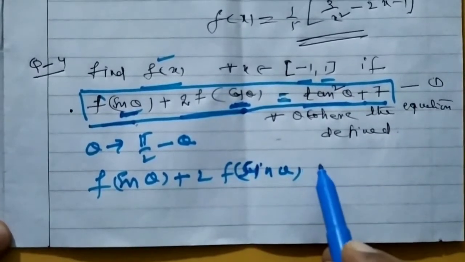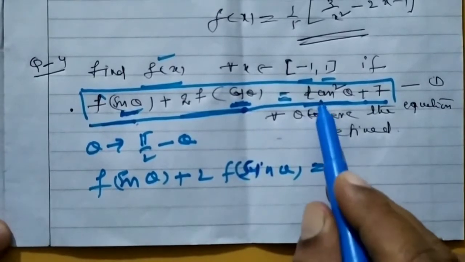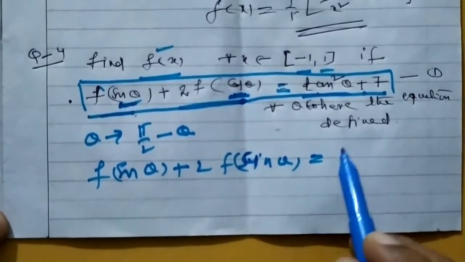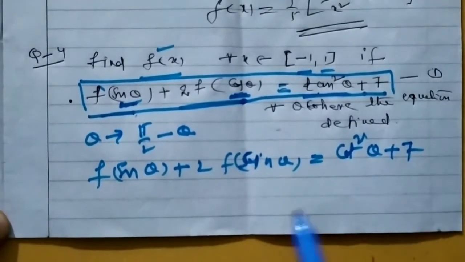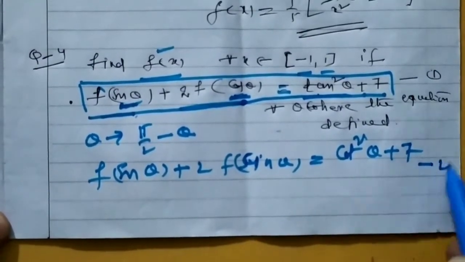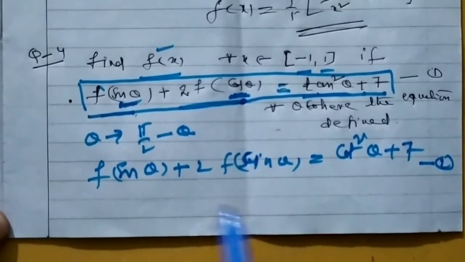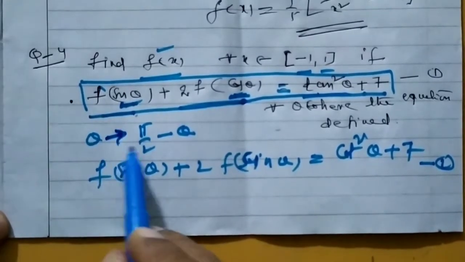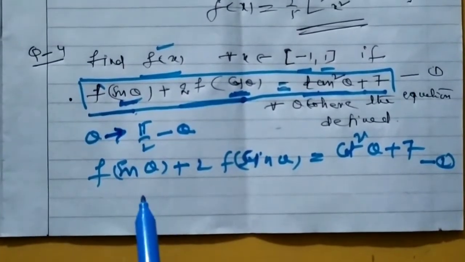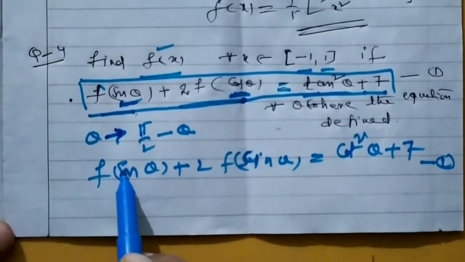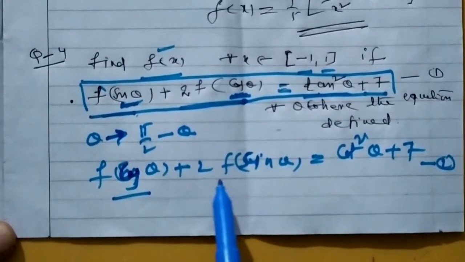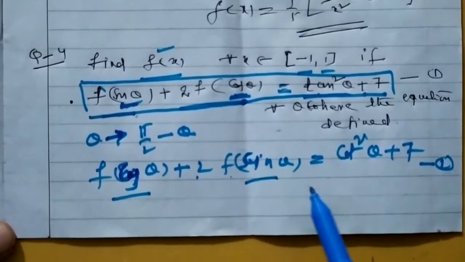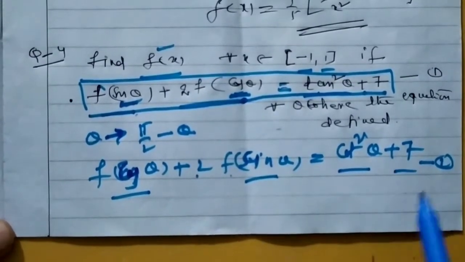F of sin theta is equal to tan of 90 minus theta, that is cot square theta plus 7. This is the second equation we obtained by replacing theta with pi by 2 minus theta: f of cos theta plus 2 into f of sin theta is cot square theta plus 7.